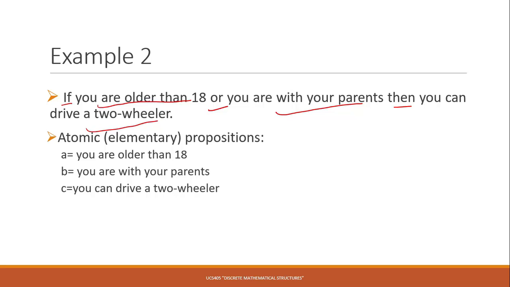We are assuming A for you are older than 18, B for you are with your parents, and C for you can drive a two-wheeler. So you are older than 18 or you are with parents will be A or B. Then you can drive a two-wheeler. So you have the if then form, so it implies that you can drive a two-wheeler. So the propositional logic formula for this statement is A or B implies C.